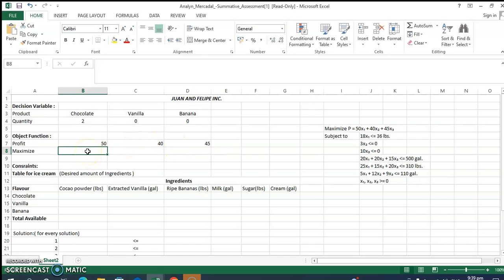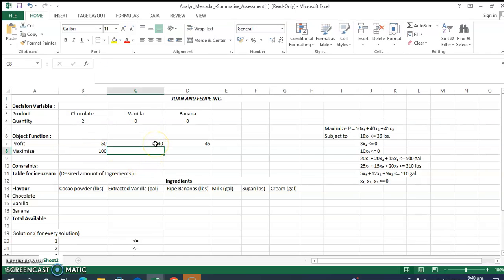So to maximize the profit, using this formula, 50 times x sub 1 is equal to 100. It's because 50 times 2, which is the value of x sub 1, is equal to 100.